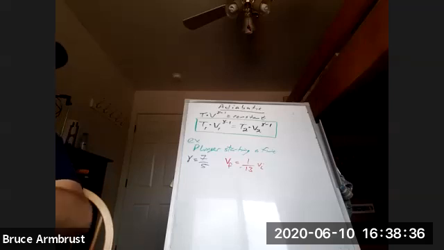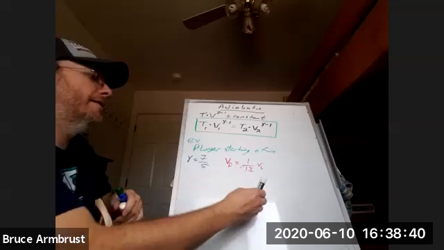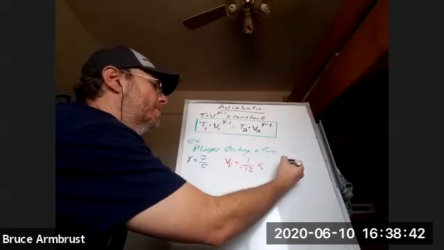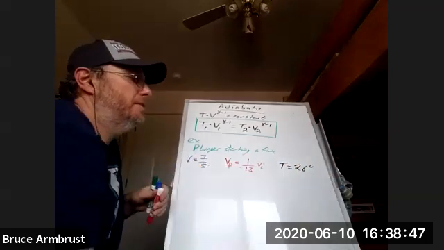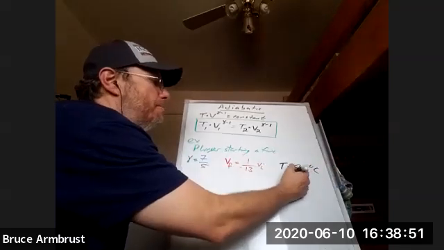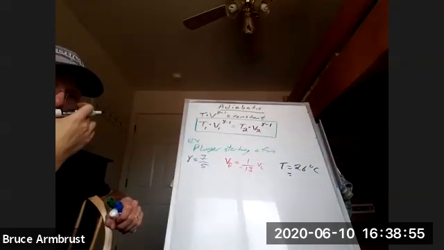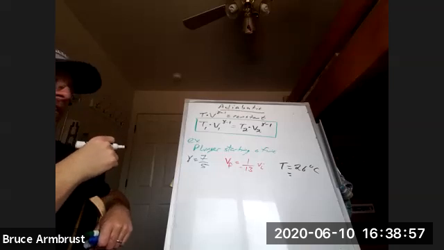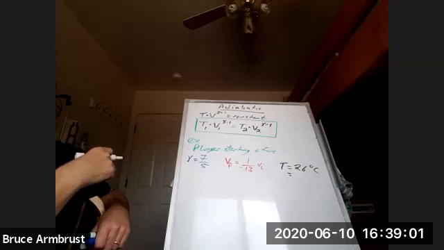The initial temperature is room temp. And remember when we were doing all those labs, we were getting numbers around 26. But we can't use 26, since we're using the ideal gas law, we have to use temperatures in Kelvin.